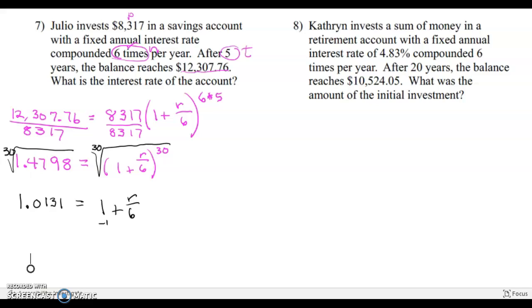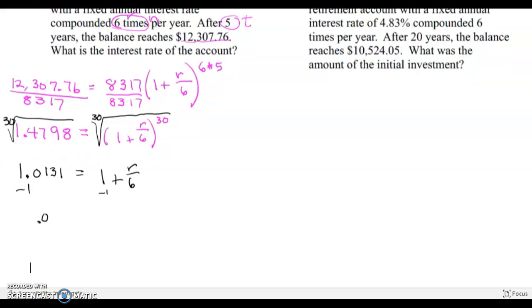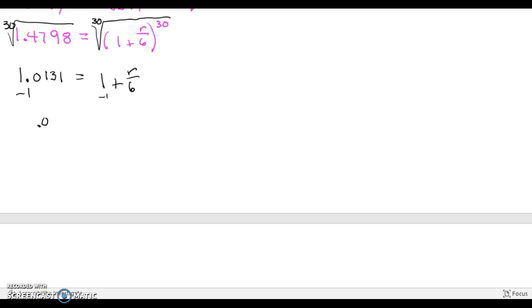All right, let's subtract 1 from both sides. So we have 0.0131 equals r divided by 6. So to find r, the interest rate, we're going to multiply by 6. So multiply this by 6, and let's see what we get.